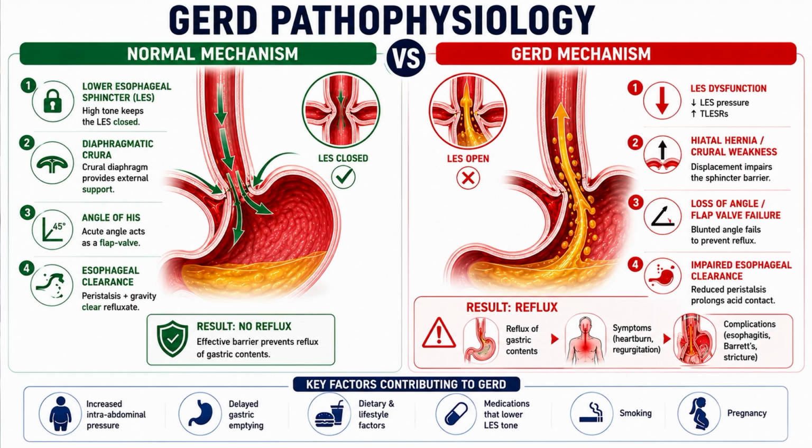As acid repeatedly refluxes into the esophagus, it damages the mucosa, leading to symptoms like heartburn and regurgitation. Over time, complications may develop, such as esophagitis, Barrett's esophagus, and strictures. Risk factors contributing to GERD include increased intra-abdominal pressure, obesity, pregnancy, smoking, and even certain medications that reduce the LES tone.